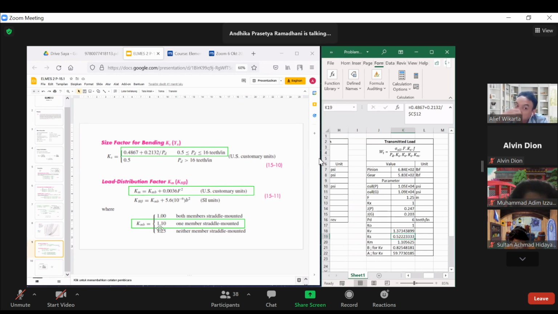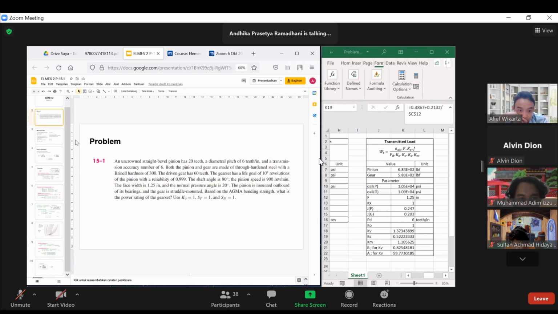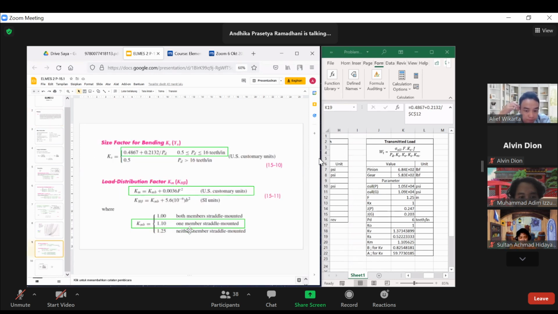This KMB value is 1.1, because this is one member straddle mounted. We know from the problem the pinion is mounted outboard of its bearing and the gear is straddle mounted, so it is one member straddle mounted.